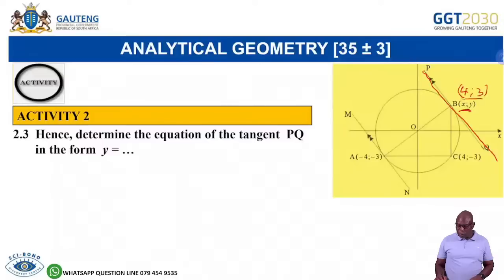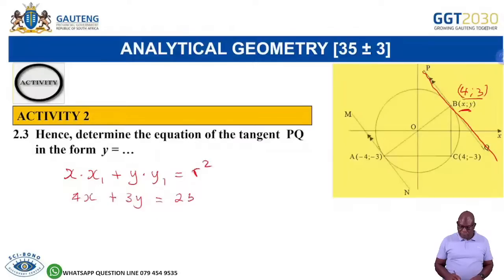You take this point and say x times x1 plus y times y1 equals r squared. So you substitute: the value of x is 4, the value of y is 3, and that is 25.